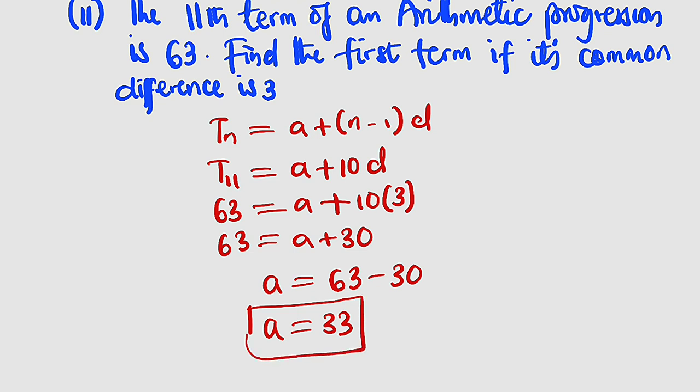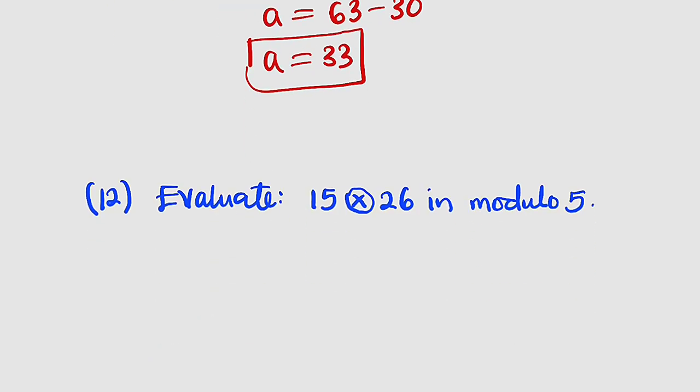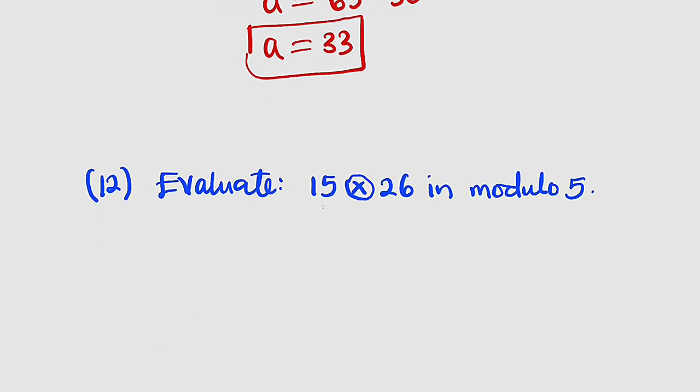Now let us move on to question number 12. Question number 12, we are asked to evaluate 15 multiplied by 26 in modulo 5. This is a remainder arithmetic. Remember, we are going to multiply these numbers and divide by 5 because it is in mod 5. Then we look at the remainder. So this is equal to 15 multiplied by 26 divided by 5.